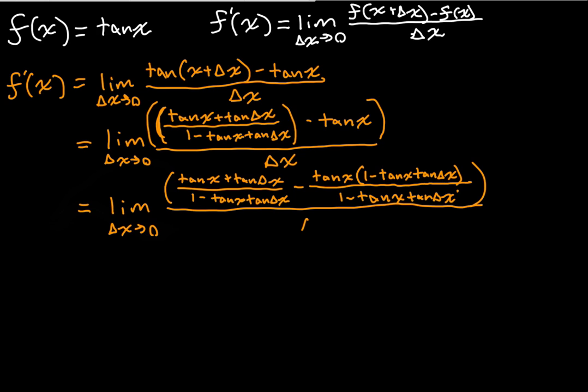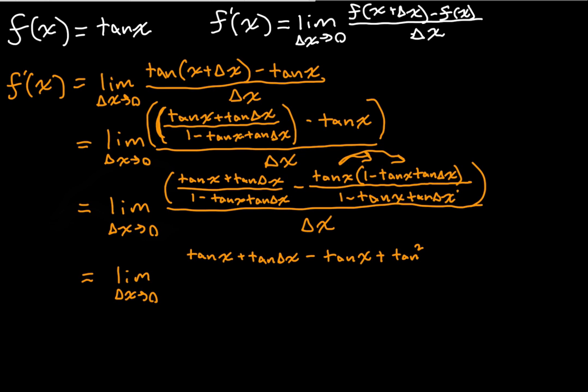I'm going to have to erase some stuff to make room, but I think everything should be fine. So let's combine these. This is going to be the limit as delta x goes to 0 of, and I'm going to distribute this out as well in the process, tangent of x plus tangent of delta x, oh, there's a dog barking, minus tangent of x plus tangent squared of x times tangent delta x.